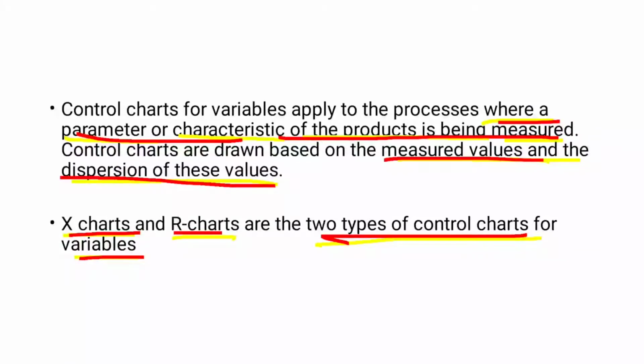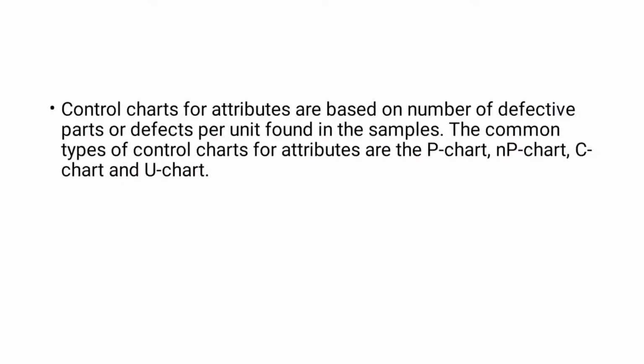Now let's move to the next topic, which is a basic discussion of control charts for attribute. Control charts for attribute are based on the number of defective parts or defects per unit found in samples. So why and where are control charts used?